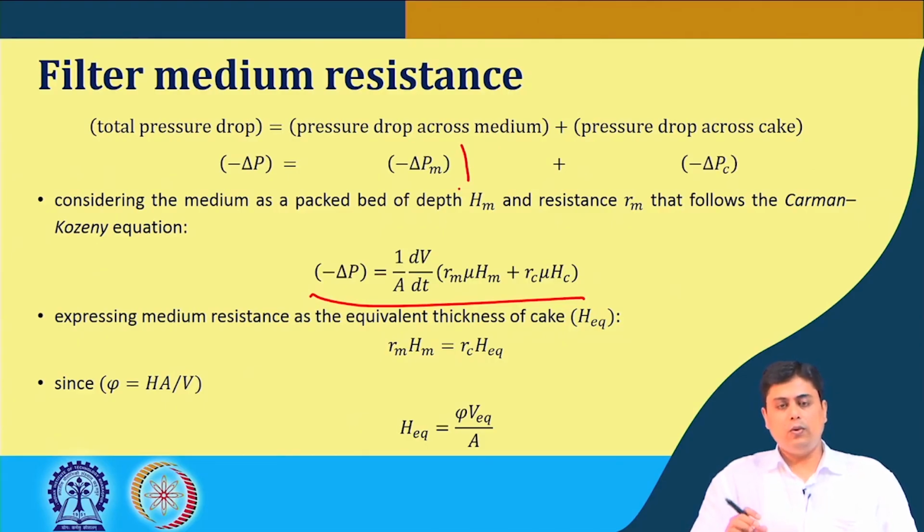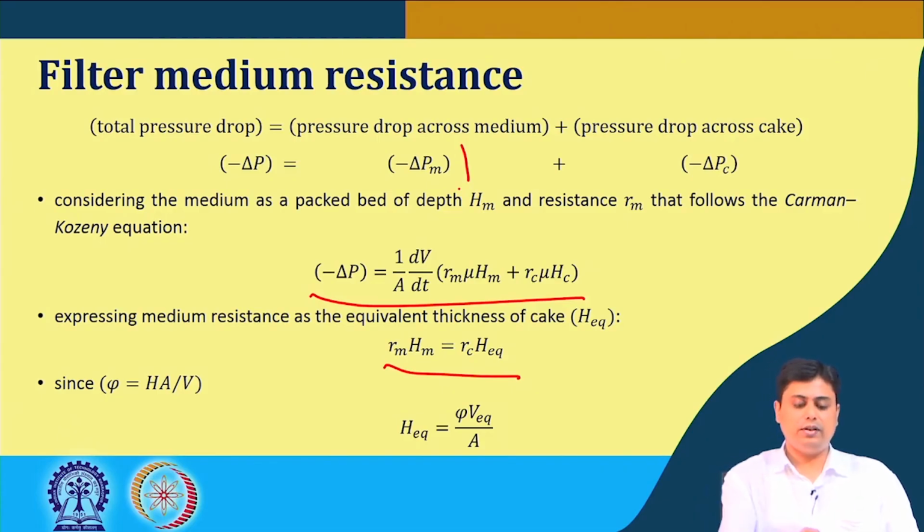So Heq, this much of cake, provides the amount of resistance that we assumed to be the medium resistance. Then Rm multiplied by Hm, which is the specific resistance due to the medium multiplied by the thickness of the filter medium, equals the specific resistance for the cake multiplied by its equivalent height.